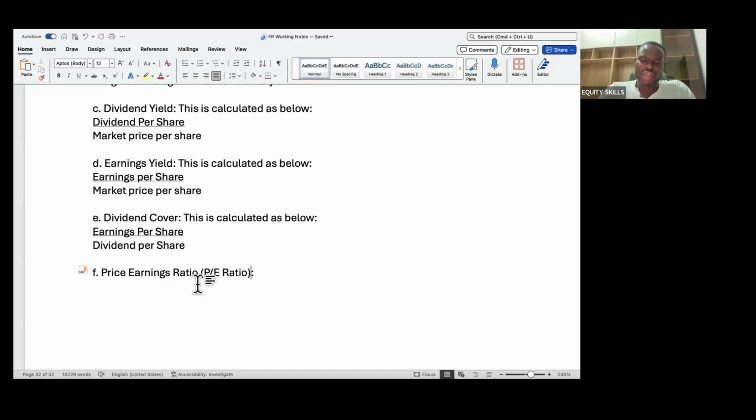Or even Mercedes-Benz. If you compare Mercedes-Benz with Tesla, let me check the valuation of Toyota in 2025.